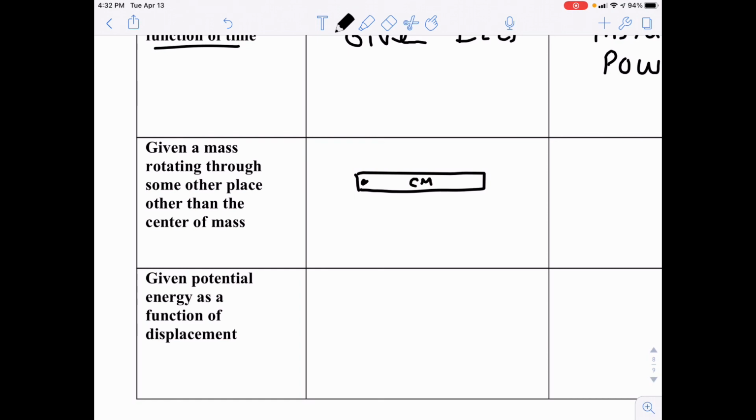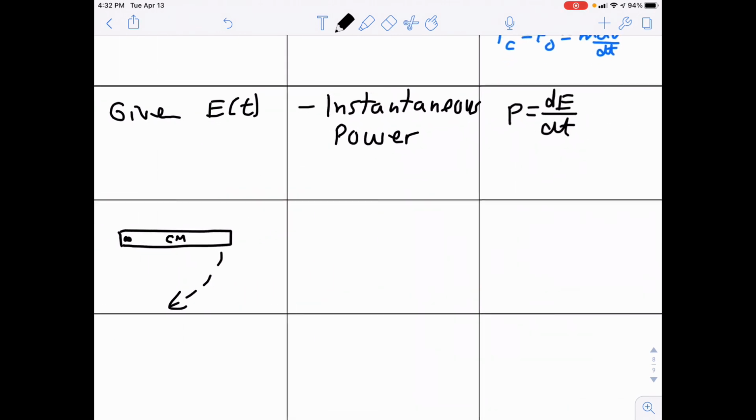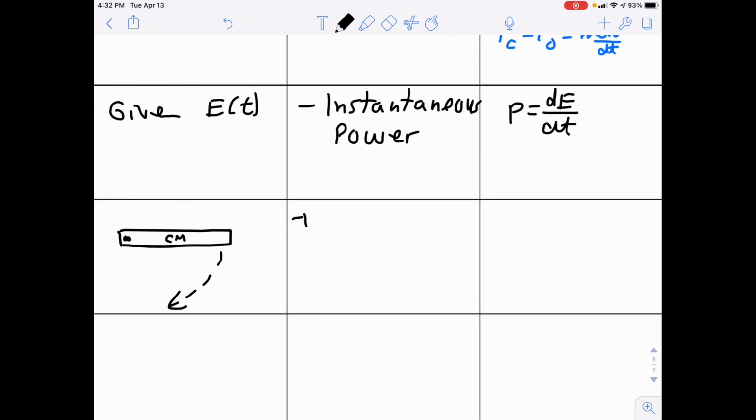There's the center of mass, there's the point of rotation, and let's say the whole thing is rotating about that point other than the center of mass. It could be rotating here or wherever, but some other place other than the center of mass. This is a parallel axis theorem concept.